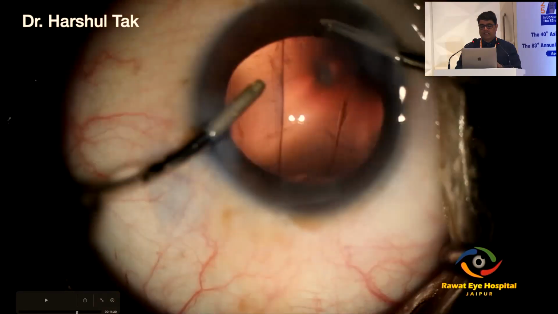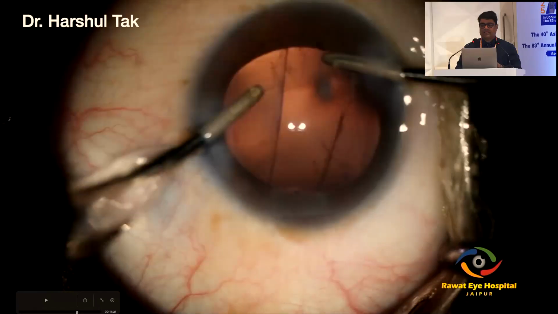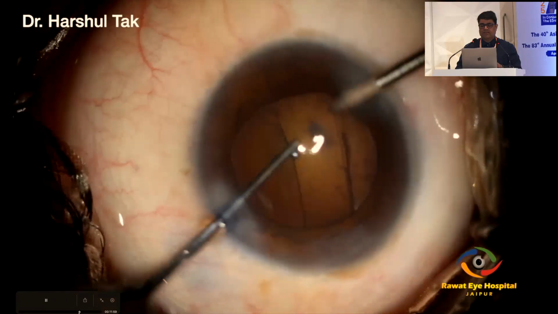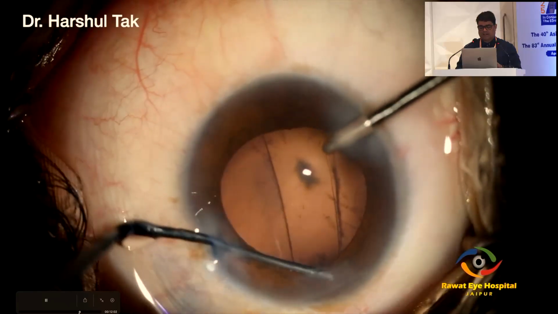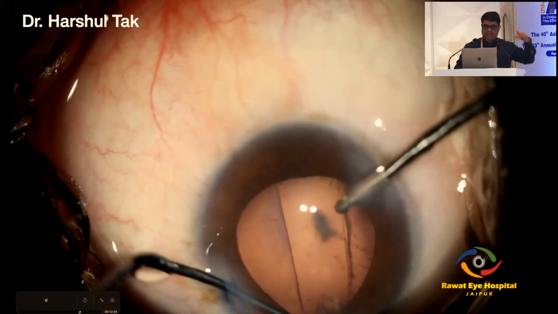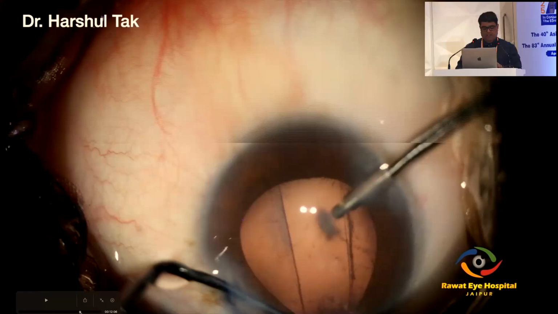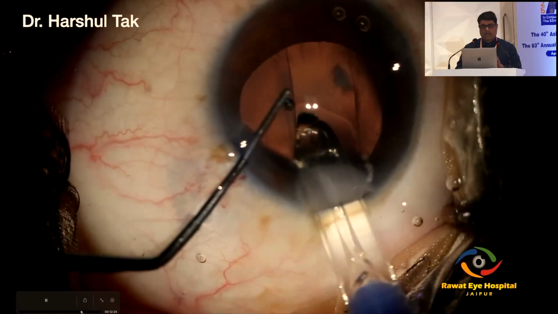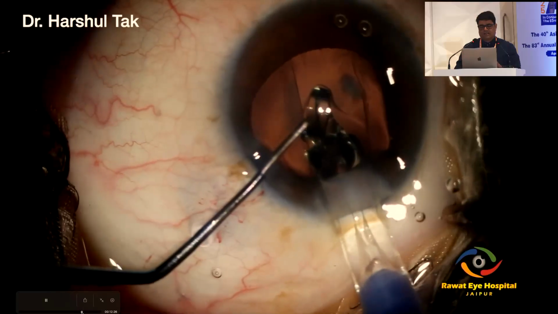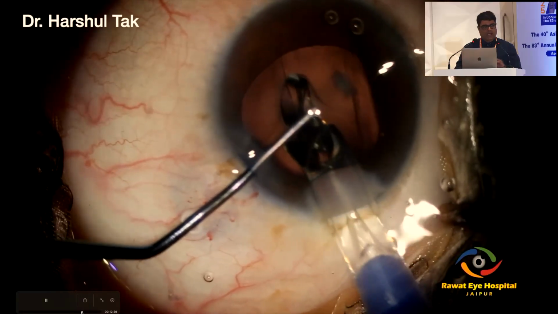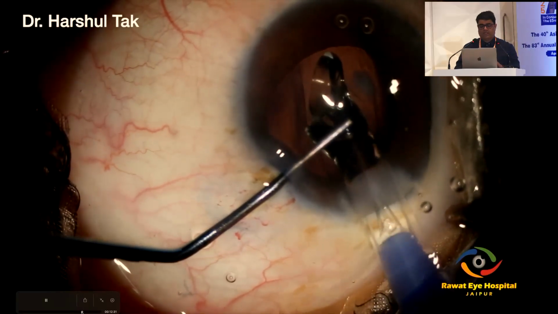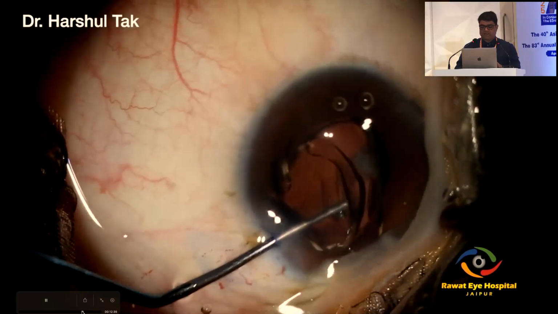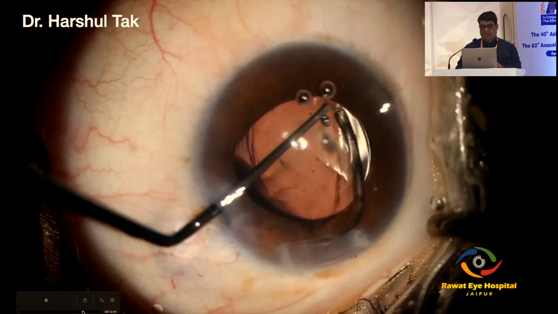Once you clear off the entire cortical matter, I'm seeing the extent of the tear on both sides using Kuglen's hook. I can see that it's limited till the equator. In a scenario like this, you can easily go ahead and put a single piece IOL in the capsular bag with the haptics perpendicular to where the capsular axis is torn.